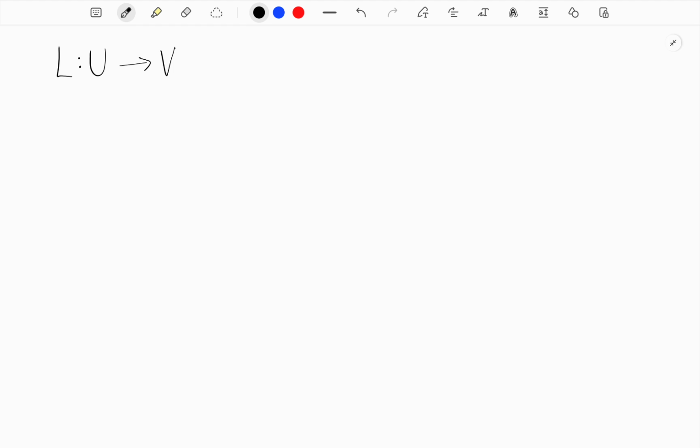So L is a linear transformation mapping elements from big U to big V. So I'll say the element u is going to be mapped to an element L of u, which is equal to v.